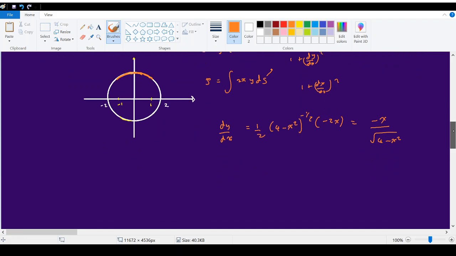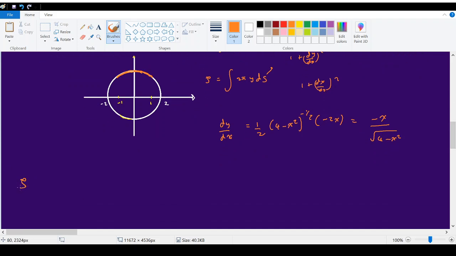And then our surface area equation will be this one. And since we have an integral that runs over the x variable, we need to indicate the start point and the end point with x values, right? So this is the x coordinate of the start point, and this is the x coordinate of the end point.